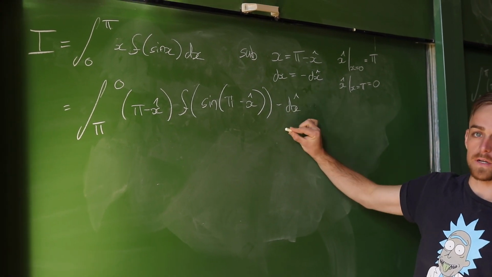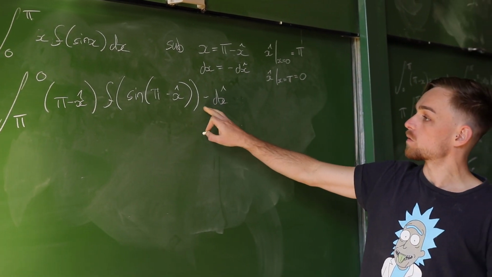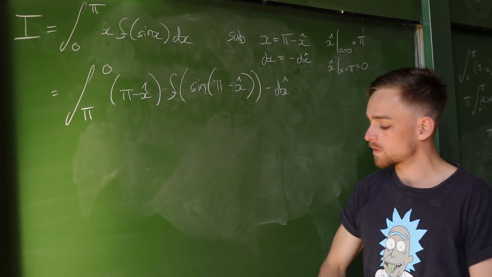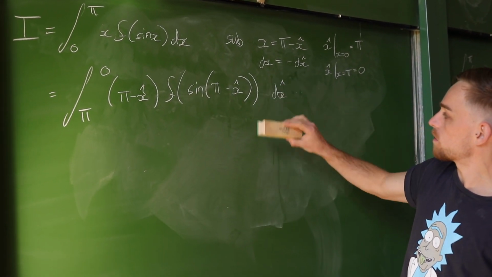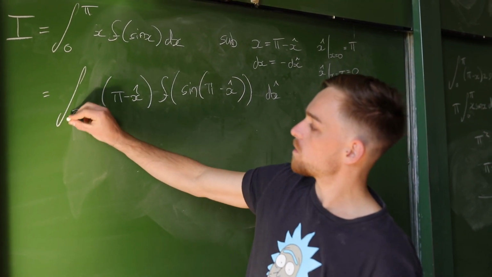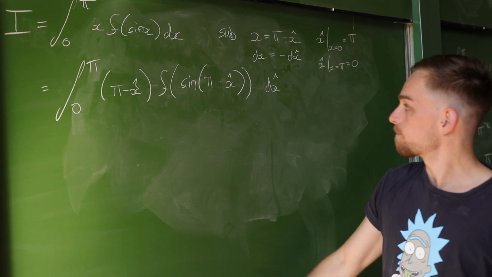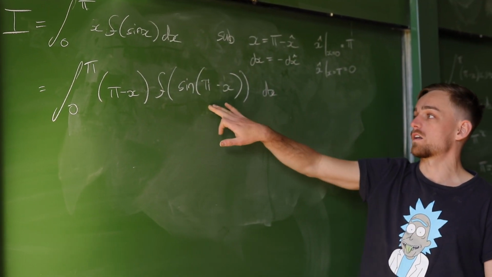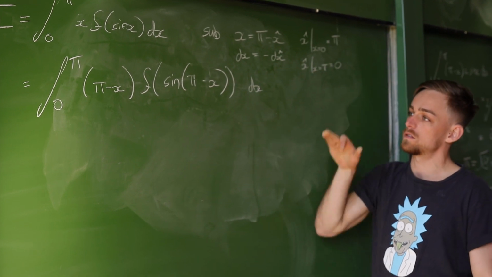And we can take this -1, and we can swap the bounds of the integral, swap the sign of the whole integral. So we end up with the integral from 0 to pi of pi minus x times f of sine of pi minus x dx.